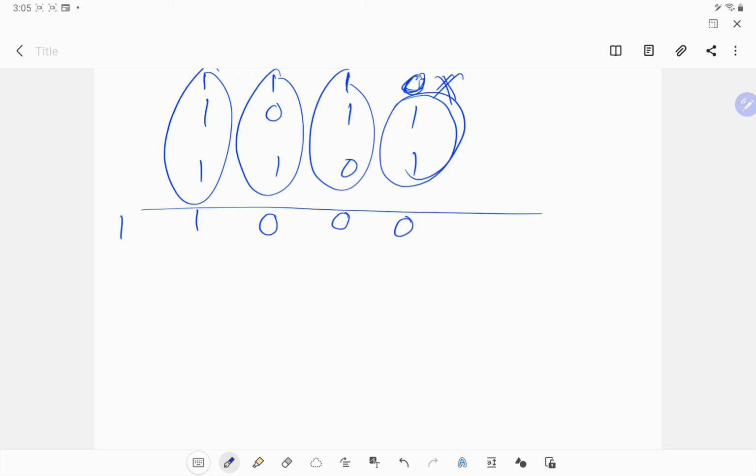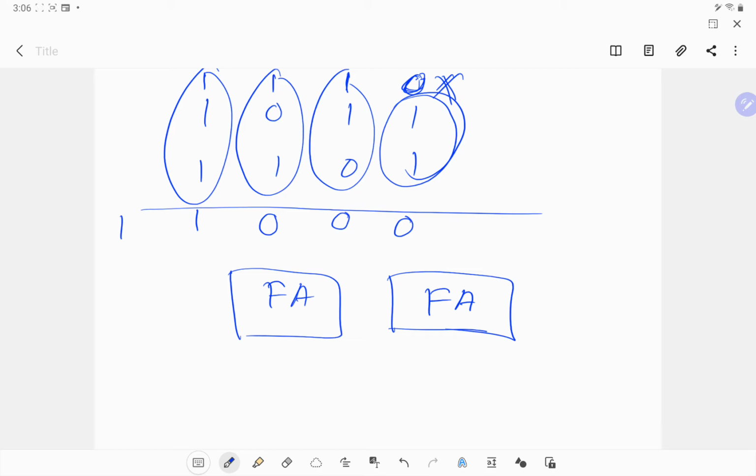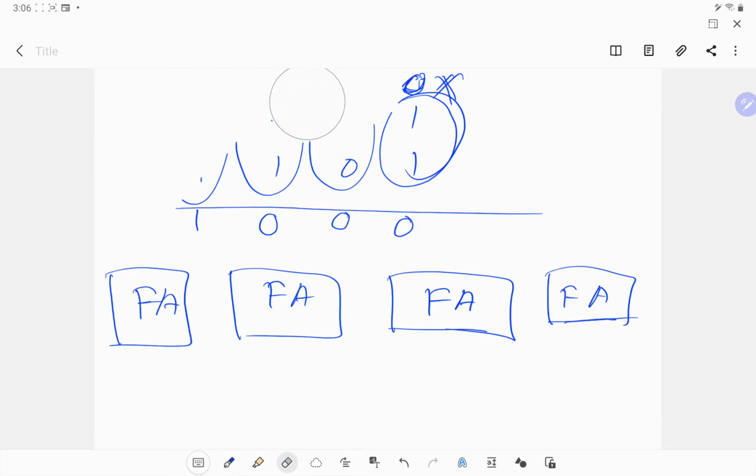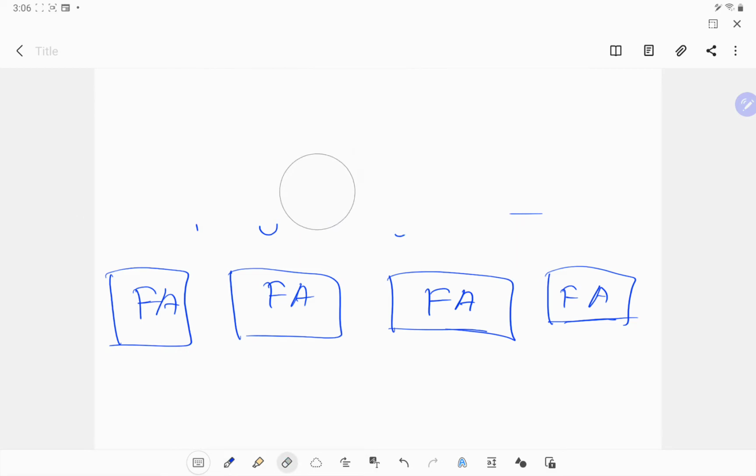So now how can we actually figure this out? If we have a full adder circuit and another full adder circuit, or if the first adder is a half adder, that is also okay. And we know that for each full adder there are three inputs. The two inputs are the actual numbers, and another input is the carry. So this full adder has the previous carry.